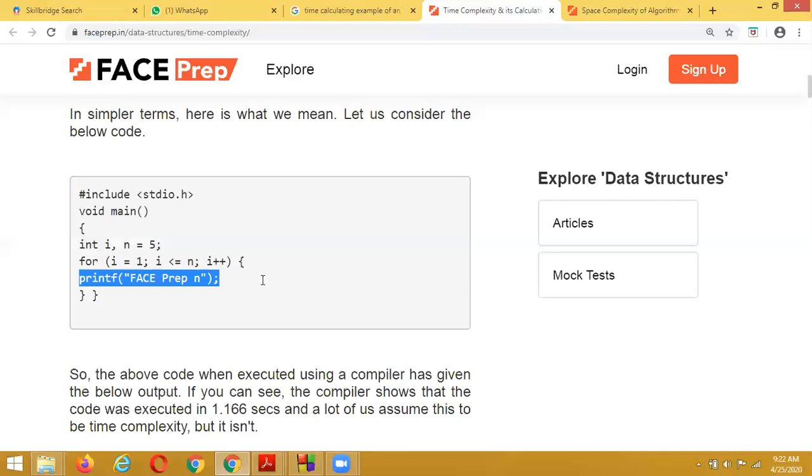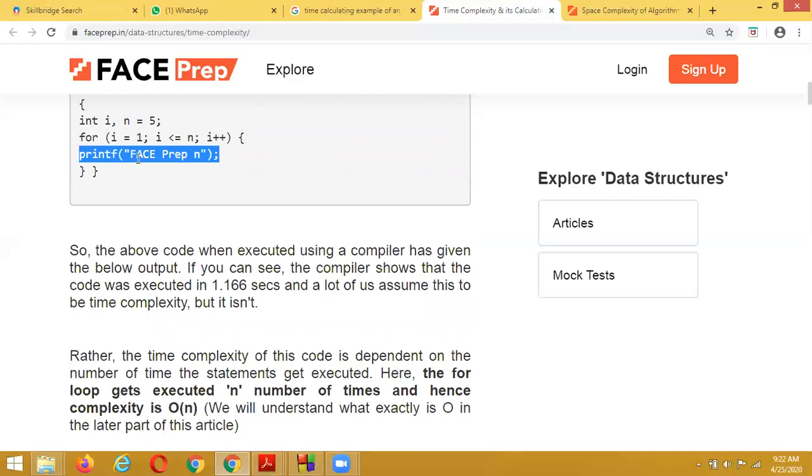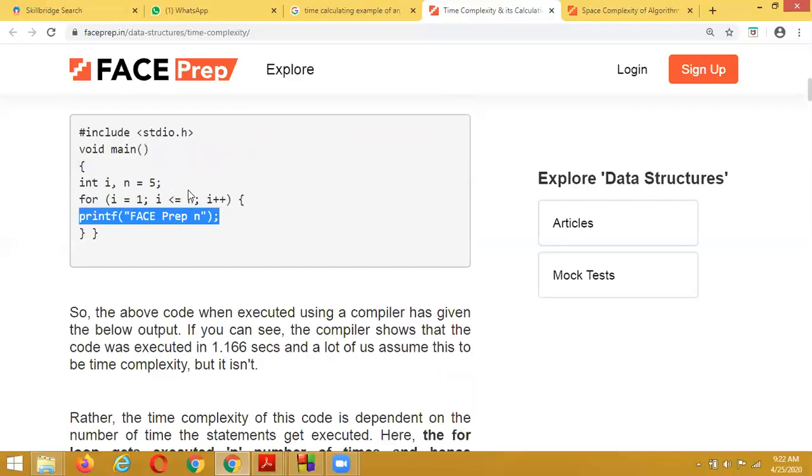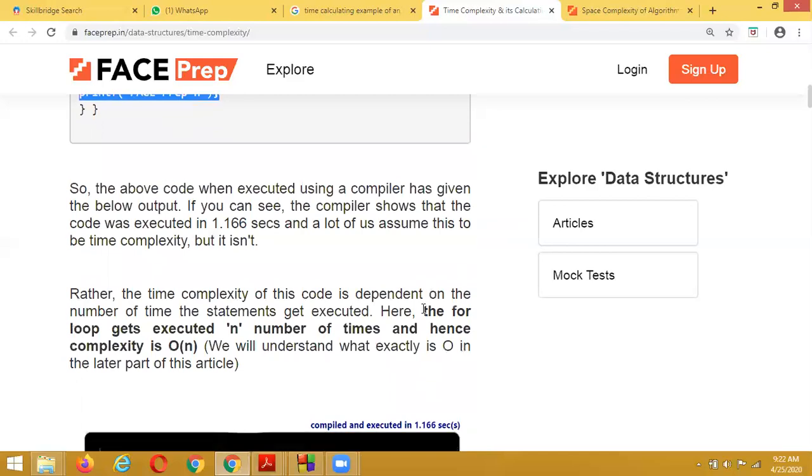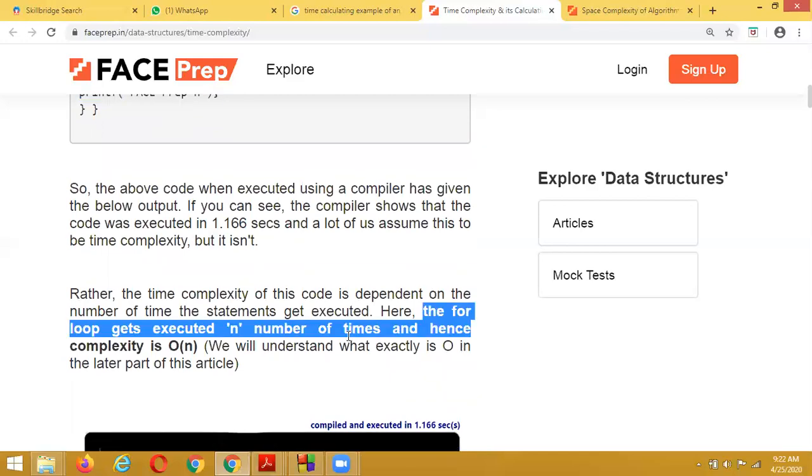So in this scenario, we indicate the time complexity by how many times this output statement is going to be executed. Here the for loop gets executed n number of times.